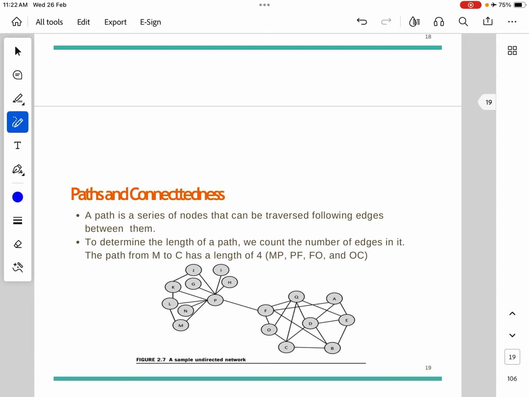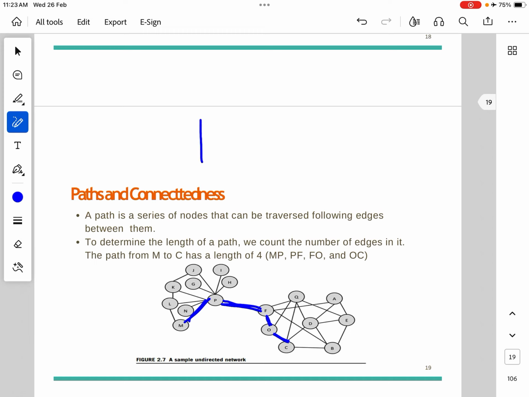Path and connectedness. A path is a series of nodes that can be traversed following edges between them. To determine the length of a path, we count the number of edges in it. The path from M to C has a length of 4. So from M to C, if we see 1, 2, 3, 4. What is this?